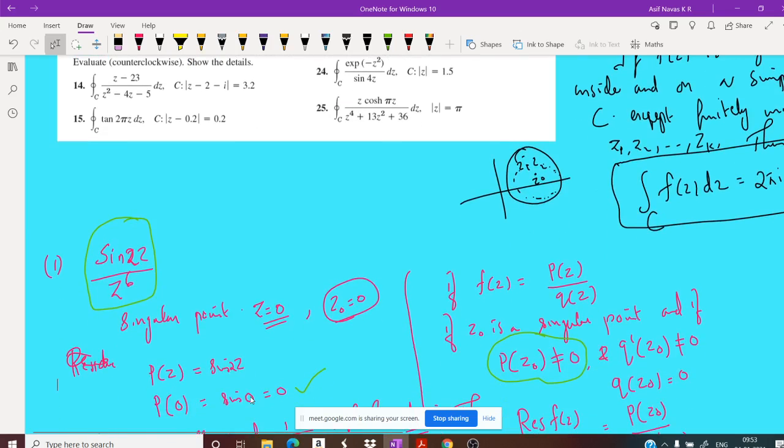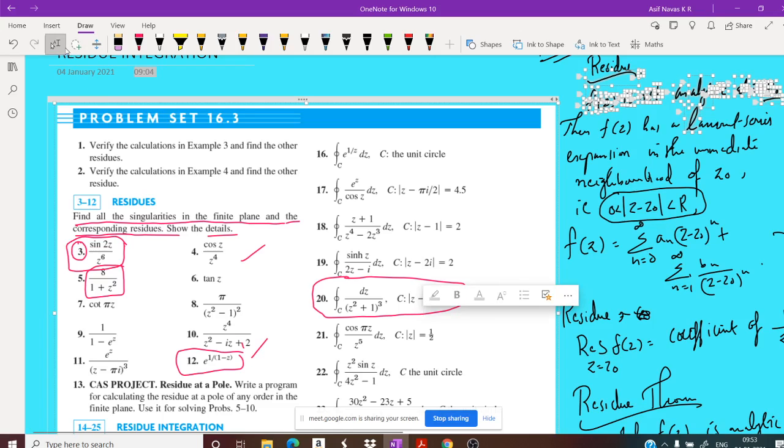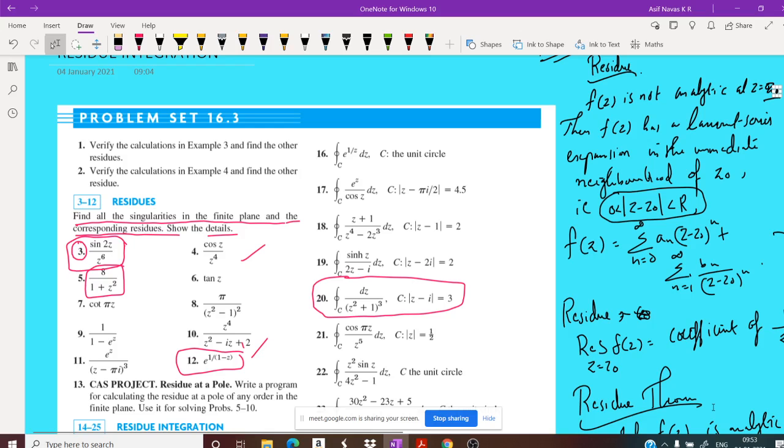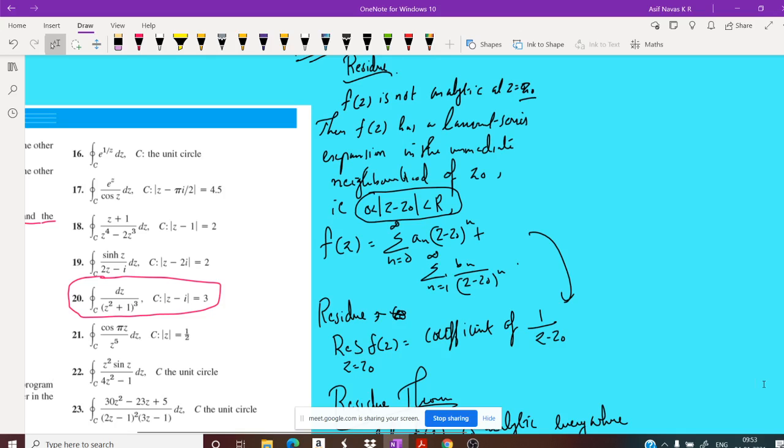Okay, so let me write this question. So that we will find the integral over C of dz divided by z square plus 1 all cube, when C is mod z minus i equal to 3.